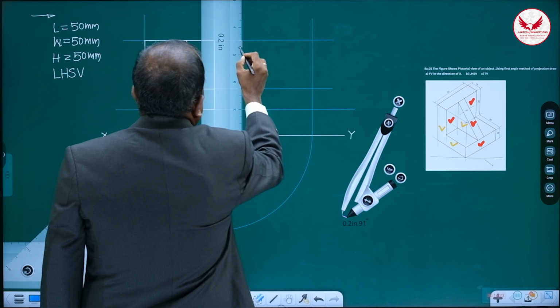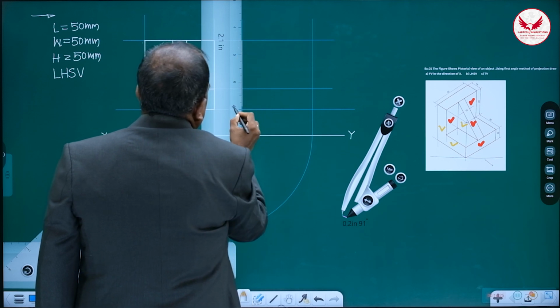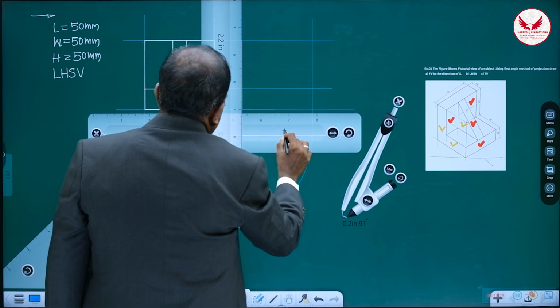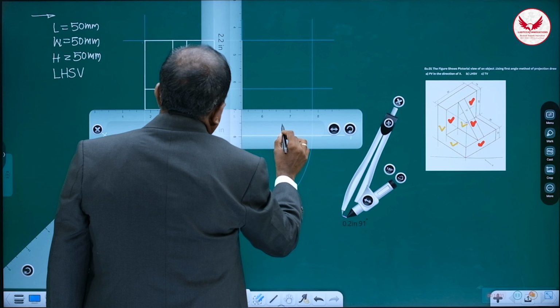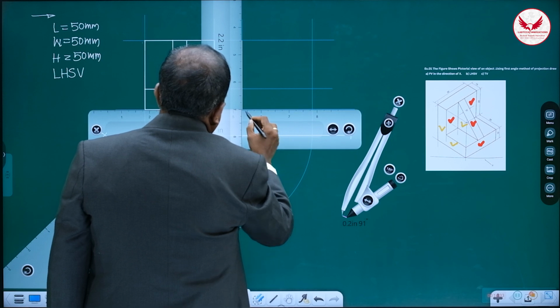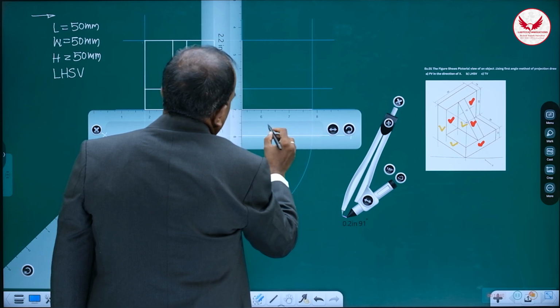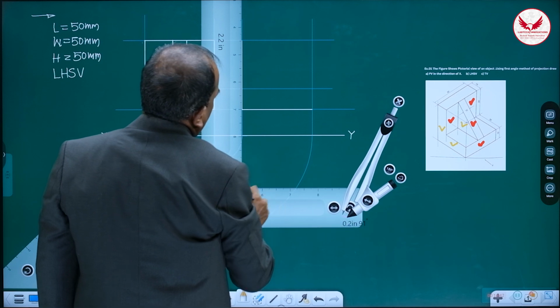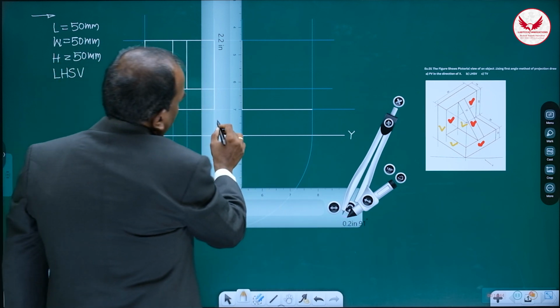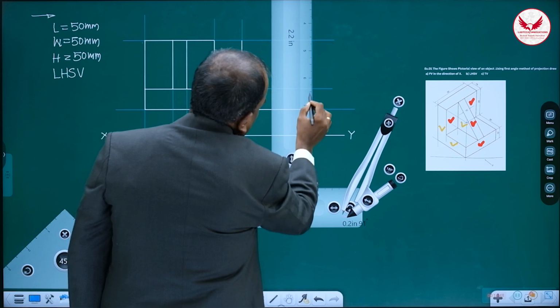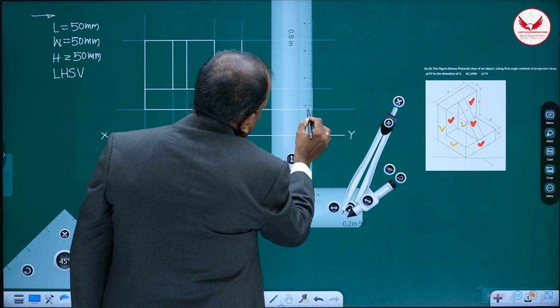Right from the top up to this it is 50. Immediately we can mark this 50 also. Correct. And then its height is this height.